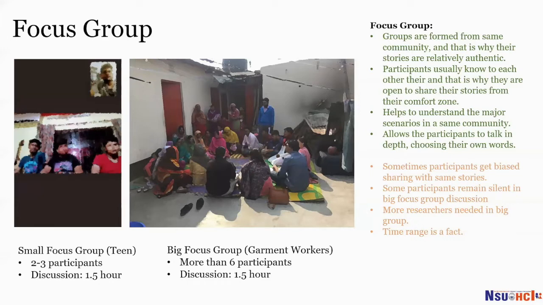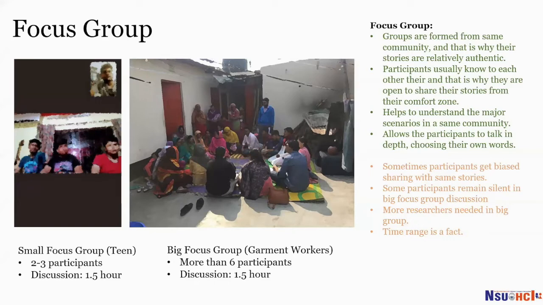Suppose I am sharing my perception that I face a problem in my garments, but the next participant says, yes, my experience is the same as hers. But maybe there are differences in her experience, and she just passes the question, saying yes, I agree with him or something like that. So this is another problem.